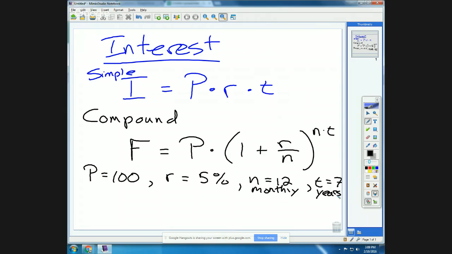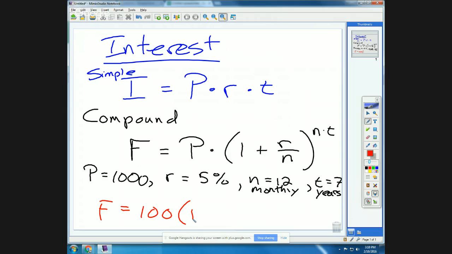So for this future value, wait, did you want P as 100 or 1,000? I wanted that as 1,000, so I missed a 0. Thank you. Okay, so I put down 1,000. So my future value is going to be $1,000 times the 1 represents 100% of what I'm starting with.